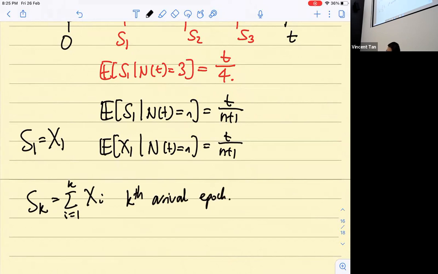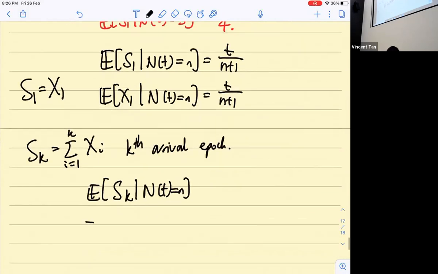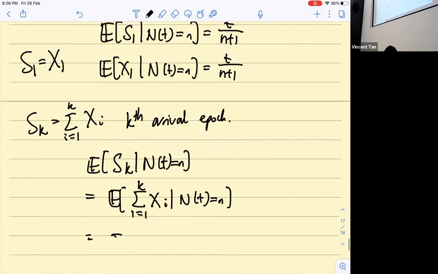Okay, that's the kth goal. So I'm interested in SK conditional on NT equals to N. So as I mentioned, this is nothing but the sum up to K of Xi conditional on NT equals to N. Right? But expectation is linear. So this becomes the sum up to K of expected value of Xi given NT is equal to N.